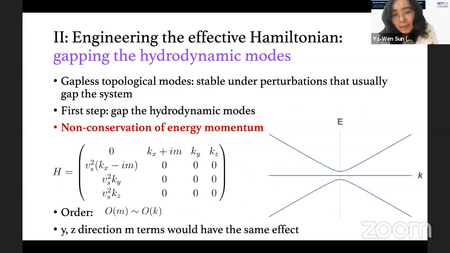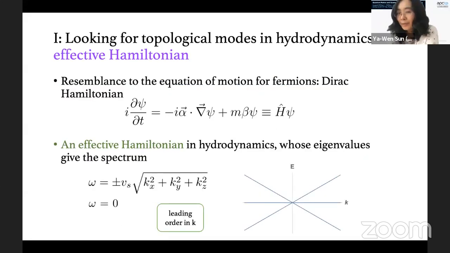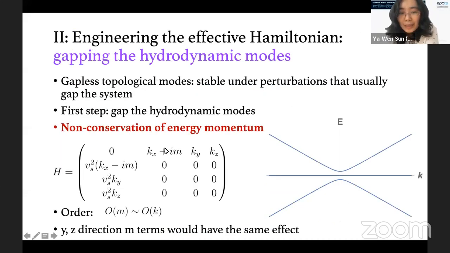So you mean after introducing this M term, right? And now you insert that H into your original equation in the Schrödinger equation form, right? Oh, I see what you mean. You mean after introducing this M term, does it really mean that the conservation of energy momentum is broken? Yeah, I see your question.